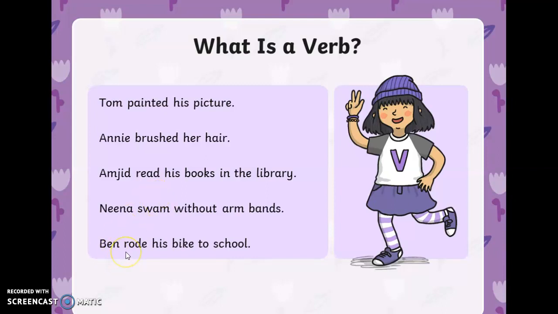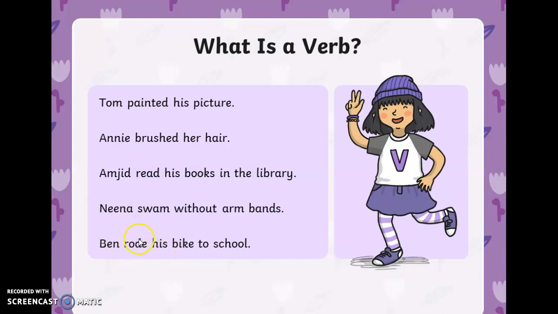And our last sentence, Ben rode his bike to school. Can you find the verb in this sentence? What is a verb? A verb is an action word. A verb is a doing word. It tells us what is happening. Did you figure it out? Did you guess it? Let's see, did you guess correct?